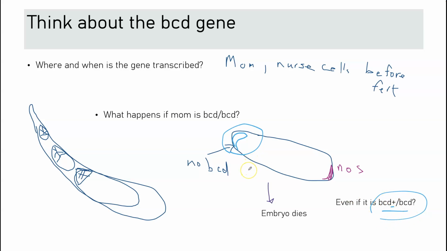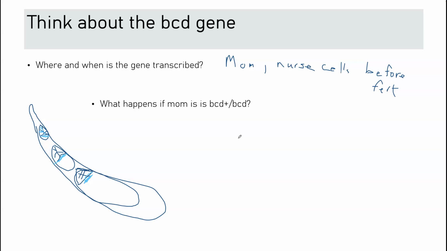So even if the embryo is normal in terms of its genotype, because mom is sterile due to the inability to put bicoid RNA into the egg, the embryo is basically doomed. Think of it as mom not feeding the baby. I'm trying to find some kind of analogy that will make it easier to understand.